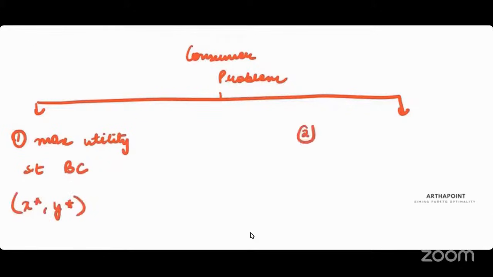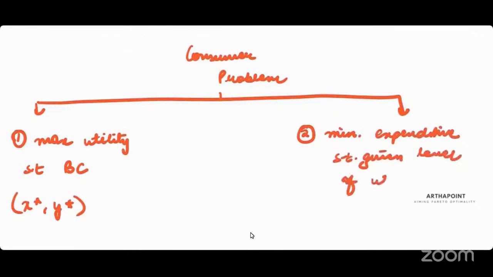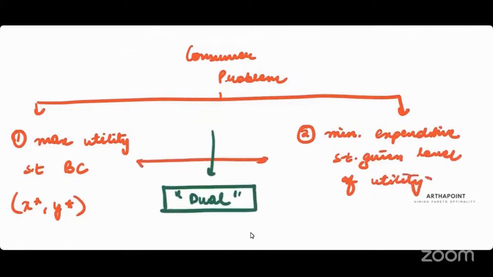Or you can go ahead and minimize your expenditure subject to given level of utility. Both of these problems are actually duality problem or dual problem. They solve the same thing. You're doing exactly same thing.